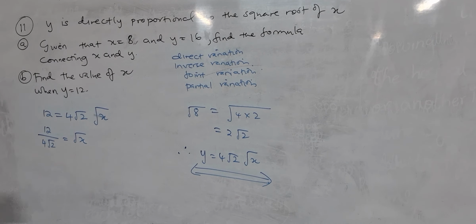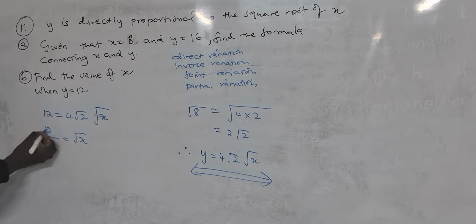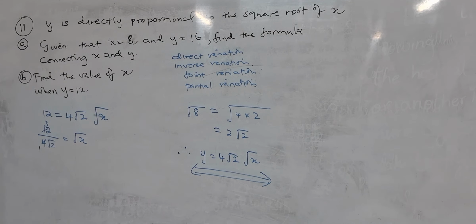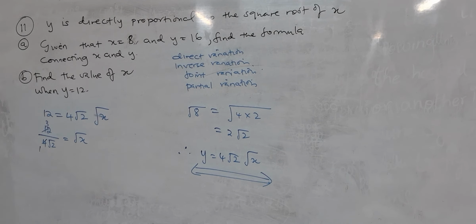Now 4 here, 1. 4 here, this is 3. So this is 3 divided by root 2 is equal to root x. Now you can rationalize this side. 3 by root 2 into root 2 by root 2 is equal to root x.